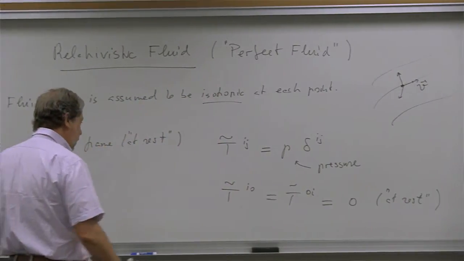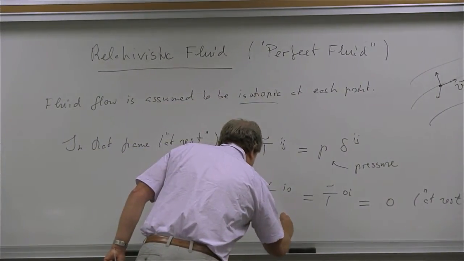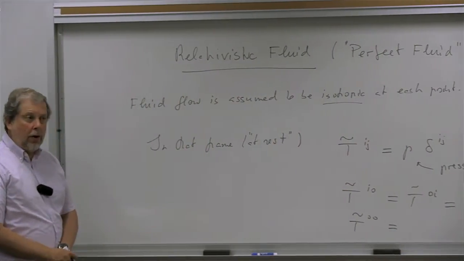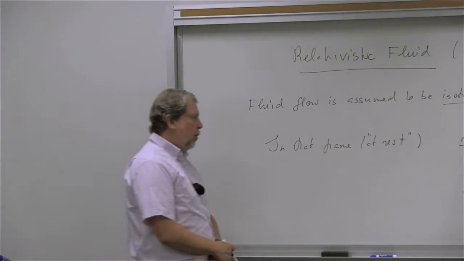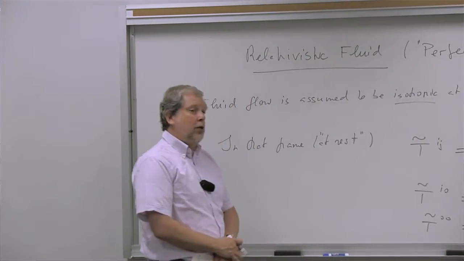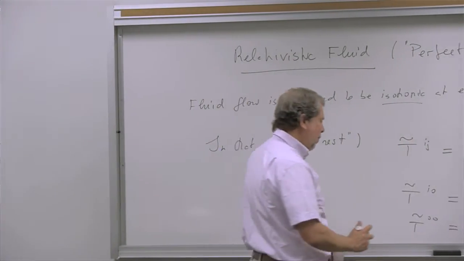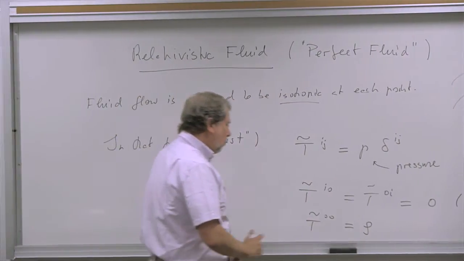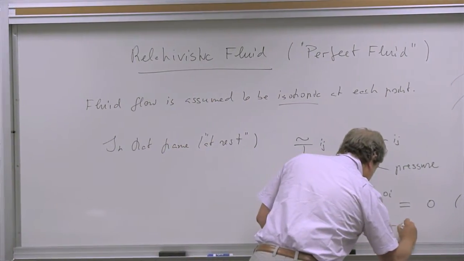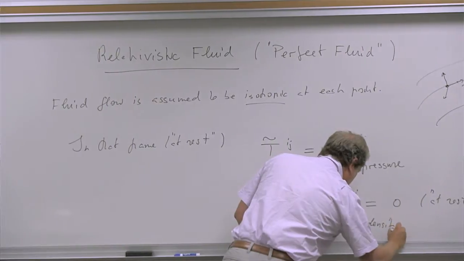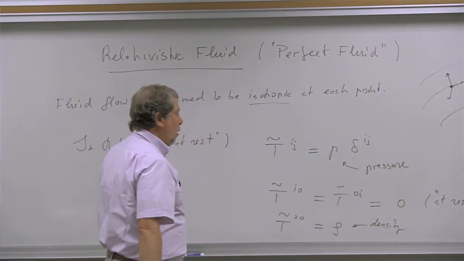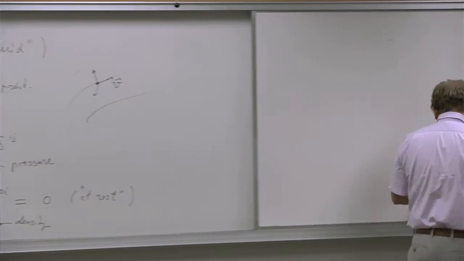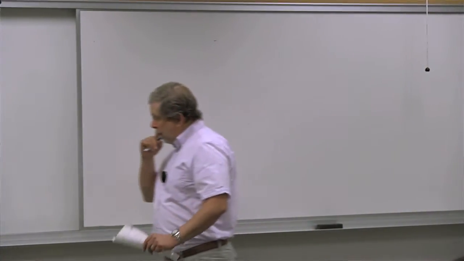And so that leaves as a final entry the T̃00. And you remember the T00 component has to do with energy. So in this case, what kind of energy can we have? Well, the only energy we can have is the density, so rho. Right. So that was for a frame that is at rest with respect to the fluid.